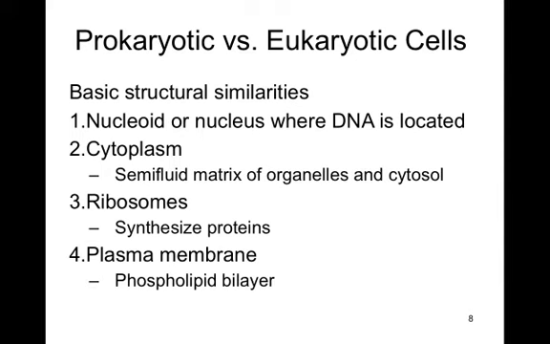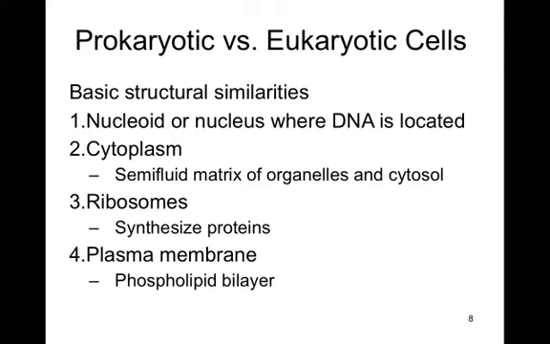The prokaryotic cells have a nucleoid region and no membrane-bound nucleus, whereas eukaryotes have a nucleoid region held within a membrane-bound nucleus. Both cells have cytoplasm, which is the fluid or semi-fluid matrix inside the cell, which contains the organelles and the cytosol, the liquid itself.